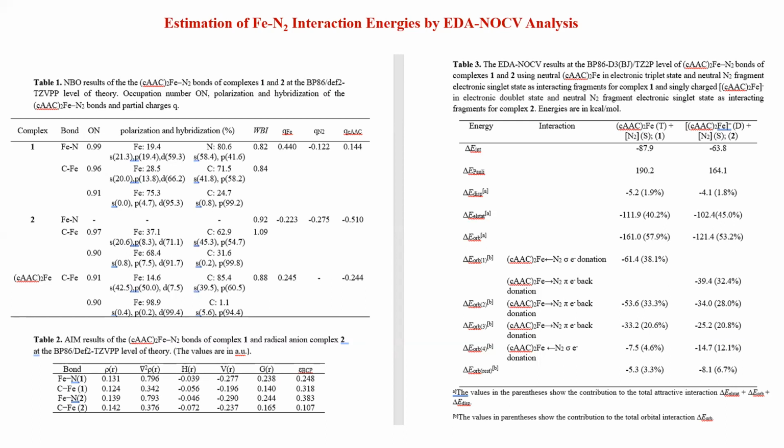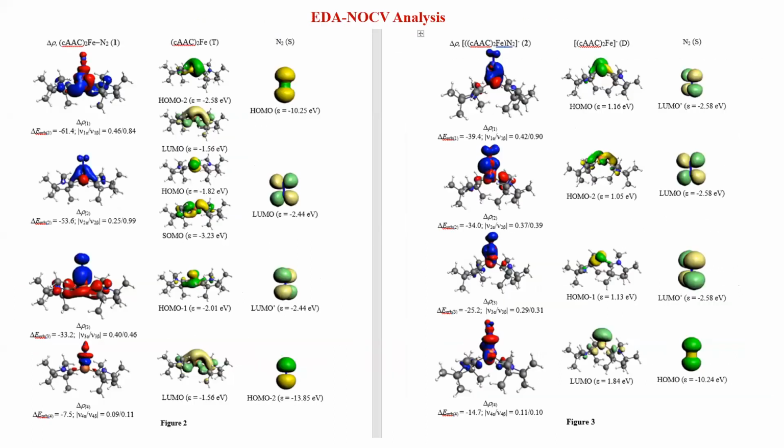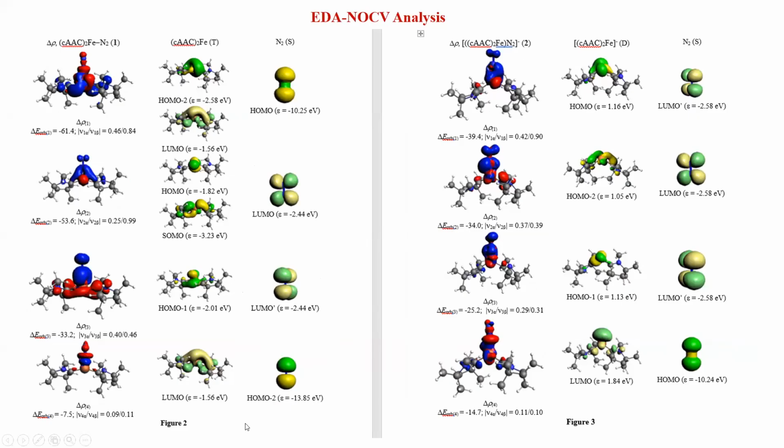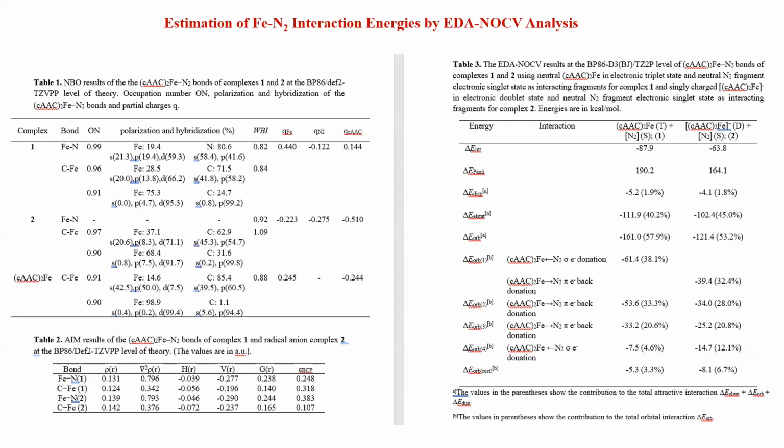Then we calculated, and found that the anionic species has a little less interaction energy than the neutral one. And it gets stabilized because of the electrostatic force between the anionic species and the cation, like potassium. Okay, so these are the forces, and all the kinds of interactions we pointed out. This is one of our works.